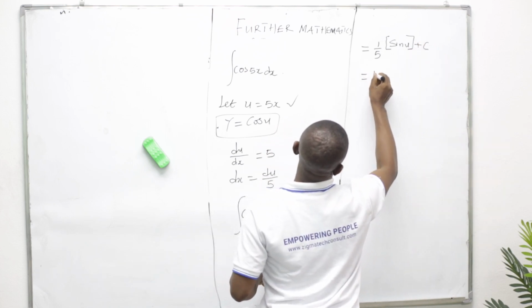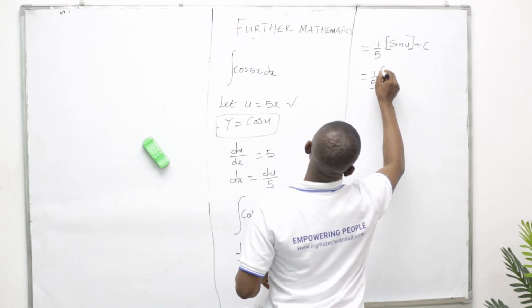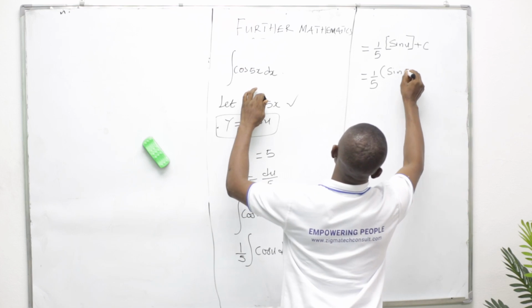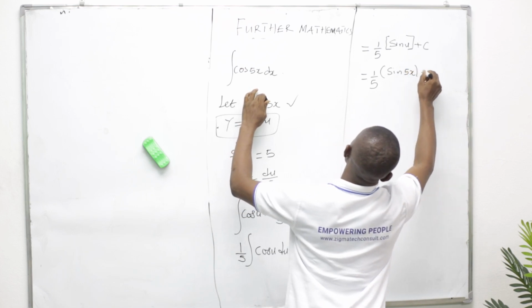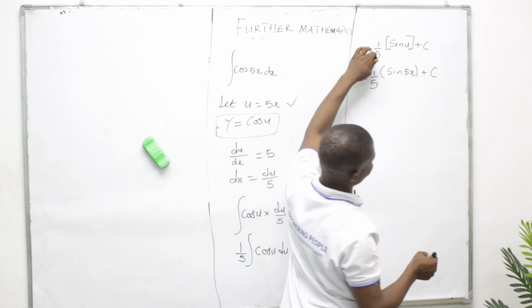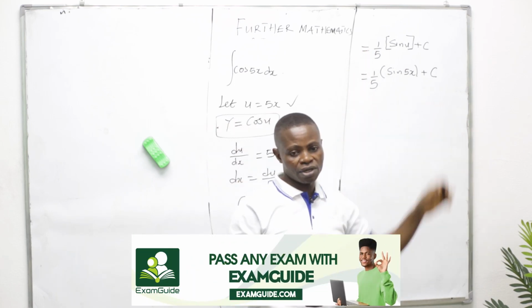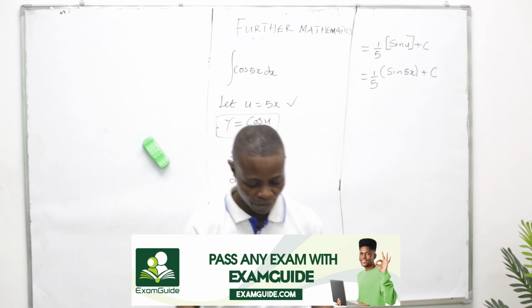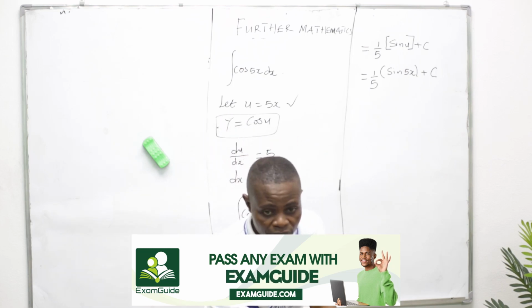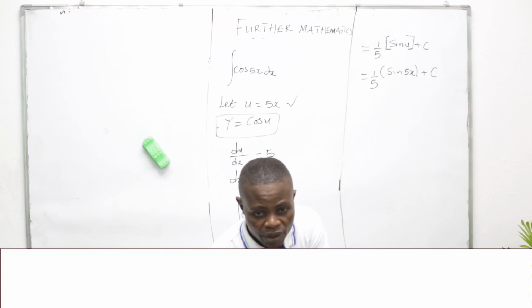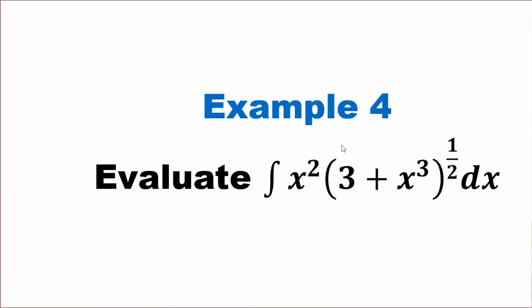You also recall that u equals what? 5x, meaning our solution is what? 1 over 5 sin 5x plus the constant. Okay, we are still having another one here.